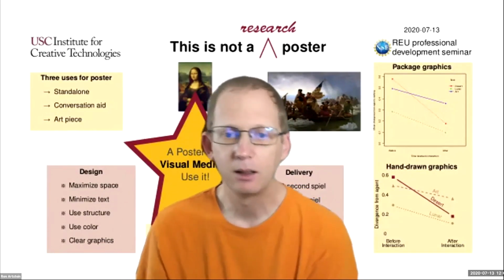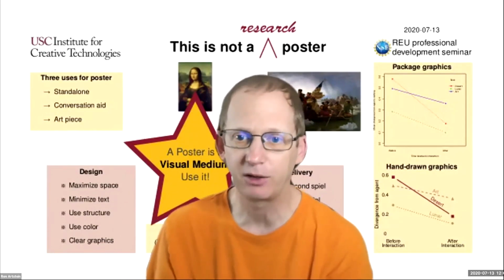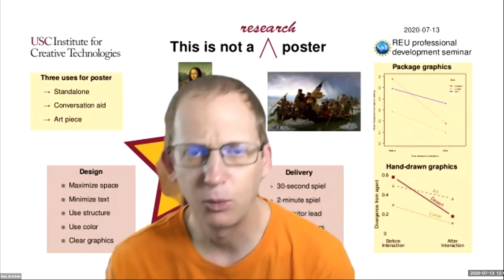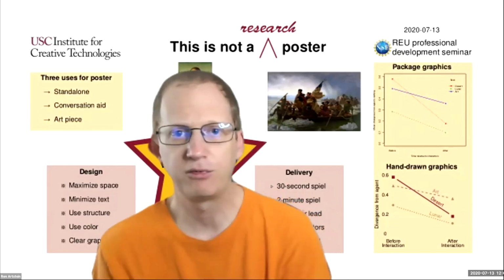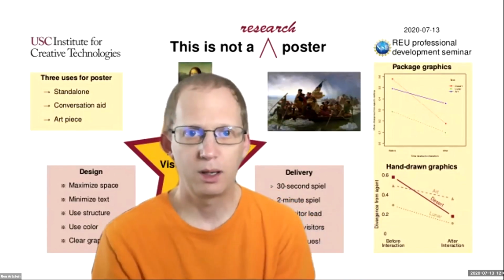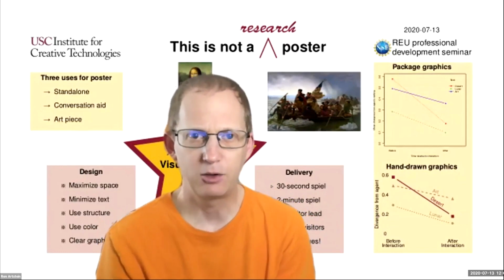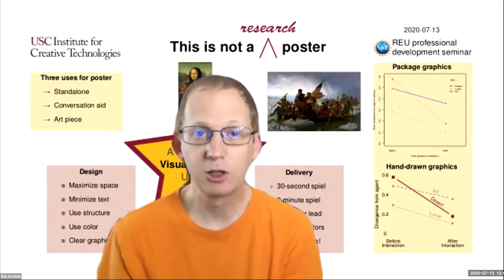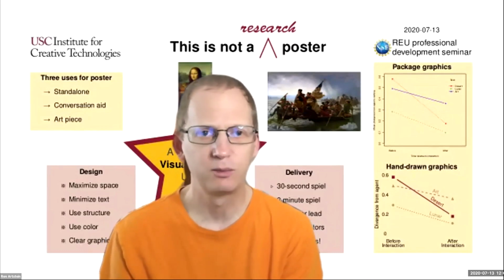And finally, the final thing about design is clear graphics. When I say clear graphics, I mean stuff like the graphics here on my left. Okay, I need another show of hands here. Can people see somewhat clearly the difference between the two plots?